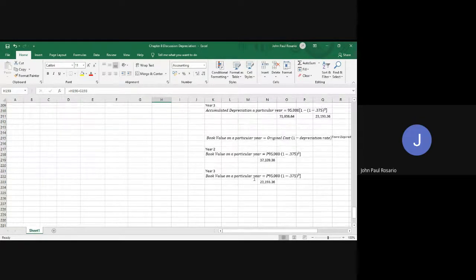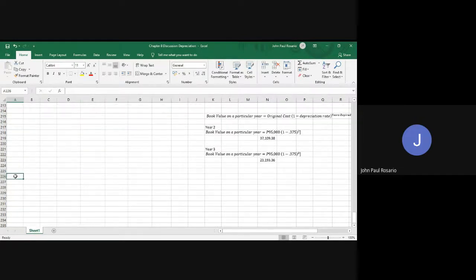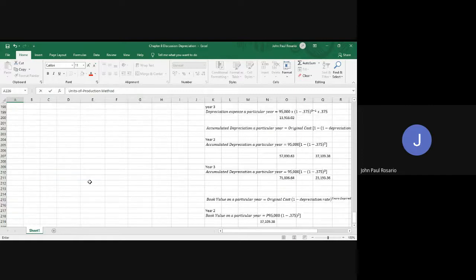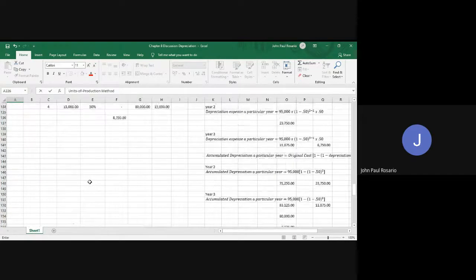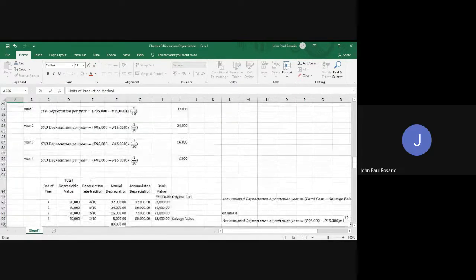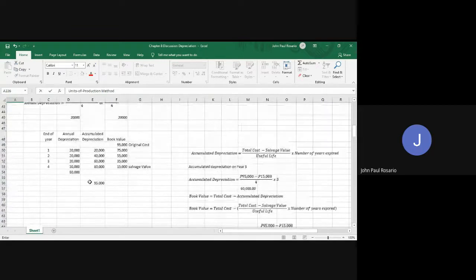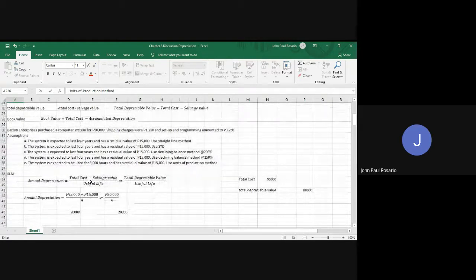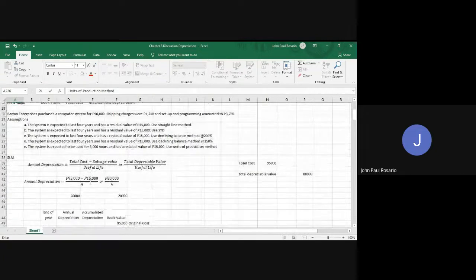Lastly, we'll be discussing units of production method. Okay, so for the units of production method, we still have to compute for our total depreciable value.